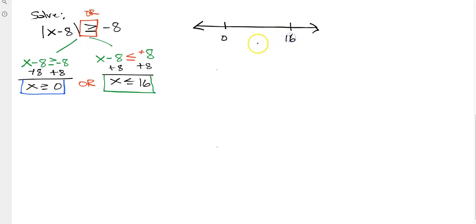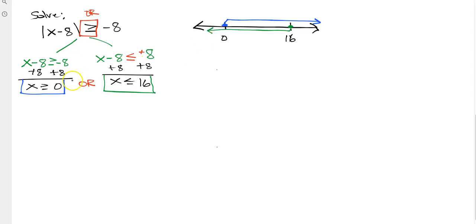If I graph this one, x is greater than or equal to 0. So at 0, it has the equal to part, so I'm going to do a closed circle there, and everything greater than it would be everything to the right. And now I'll graph the other one in green. x is less than or equal to 16. So again, a closed circle there, and then everything to the left.